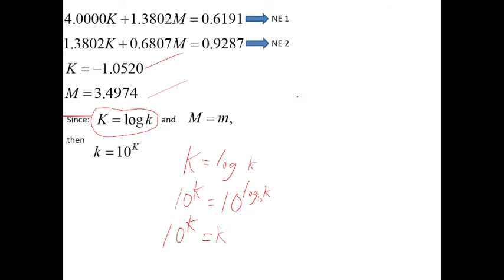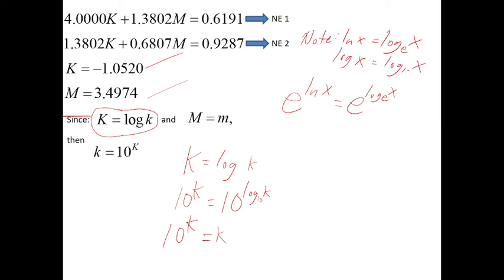Okay? Let's say if I have e to the ln x, this is simply e raised to the logarithm of x to the base e. Note that ln x equals the logarithm of x to the base e, and log x equals the logarithm of x to the base 10. So if they are the same, e and e, that is simply x.